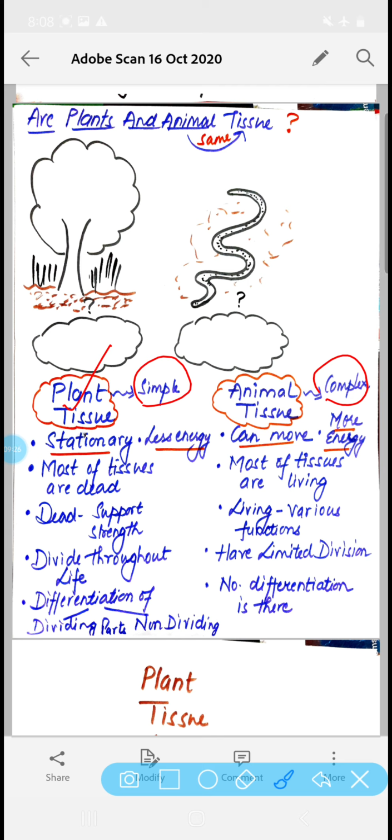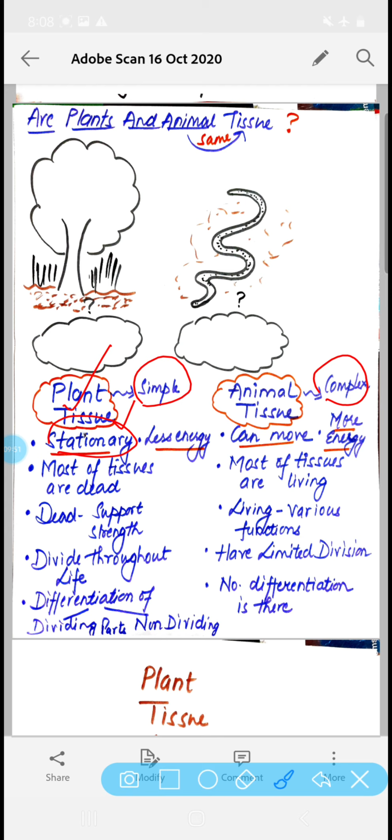Now if we talk about the lifestyle of plants, we know that plants are fixed to their position, they are stationary. The organisms which are fixed to their position, which cannot move from one place to another, are called stationary organisms.